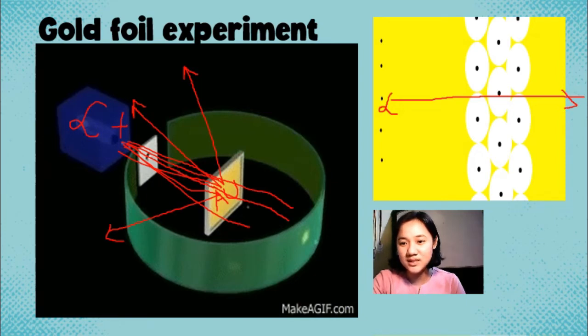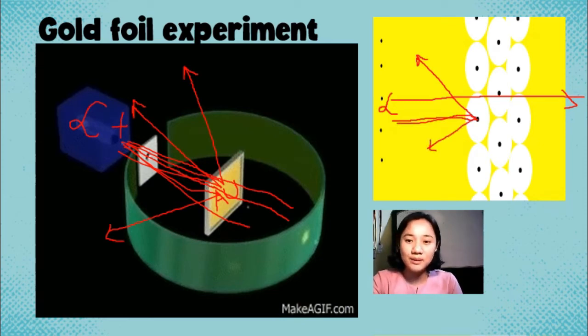But once the alpha particle hit the center part of the atom of the gold foil, there was deflection. Why was there deflection when it hit the center? What is in the center of the atom?